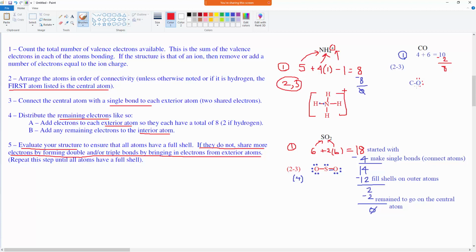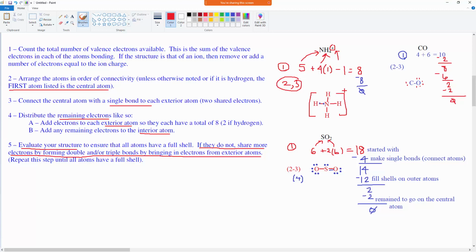Oxygen's going to want 6 more because he's got 2 from this bond, right? And then we will have 2 left. And we're going to put those remaining 2 electrons on the interior atom. They're going to go right here on my carbon.